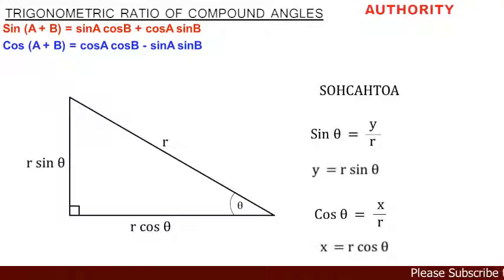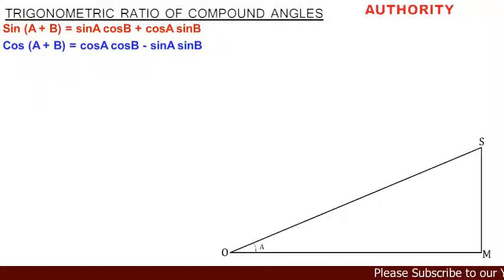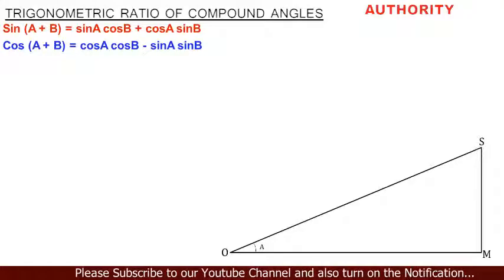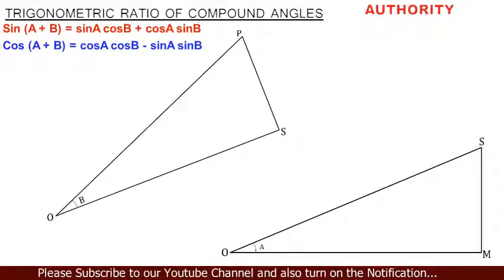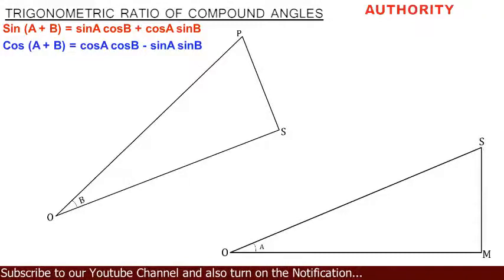Now let's go properly. Let's take a look at this triangle OSM. In triangle OSM, we have our angle to be angle A. Now let's see another triangle, OPS.